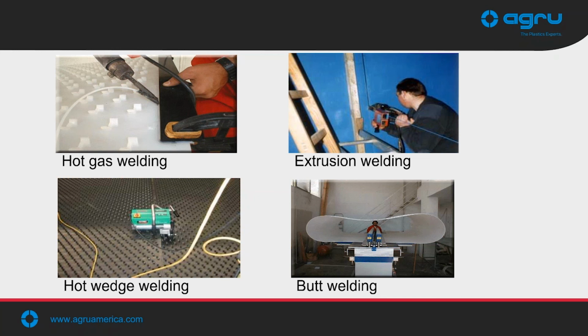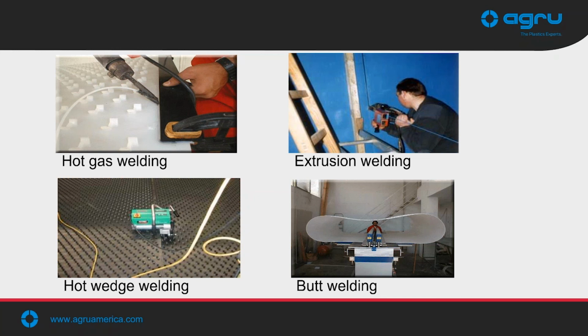Moving clockwise, we see extrusion welding, where we're also using a piece of weld rod, but we have an extrusion gun. We have two components on that extrusion gun. One is a hot air leister, which is heating up the parent materials, and the second component is an extruder, which is chewing up, grinding up, heating up that weld rod and extruding it out through a Teflon shoe.